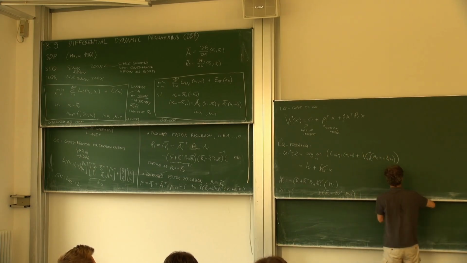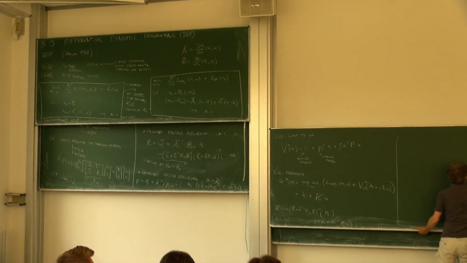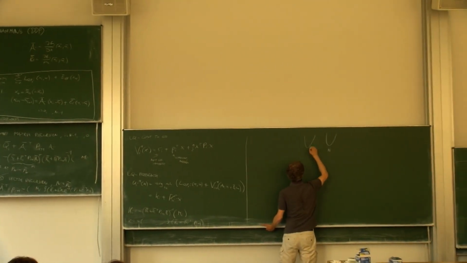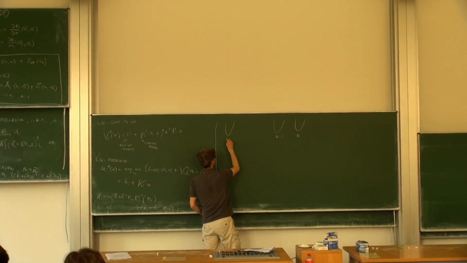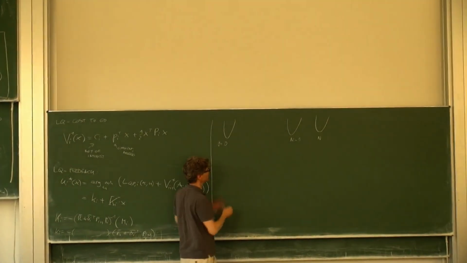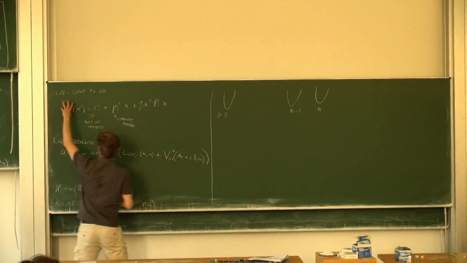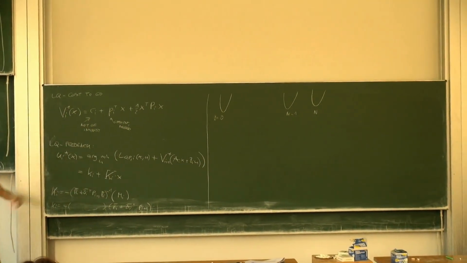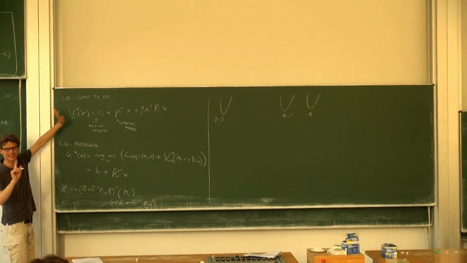Like this function is also defined at every time point. So maybe the image we should keep is like in dynamic programming in general. This is time step n, this is time step n minus 1, and so on, and at the last point we have k equals 0 or i equals 0. And these would be the cost to go functions. I called them J at some point, but today I call them V_i. Sorry for that. By the way, in the literature, both are used.